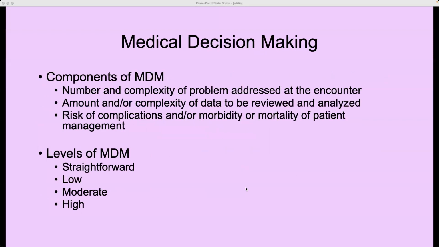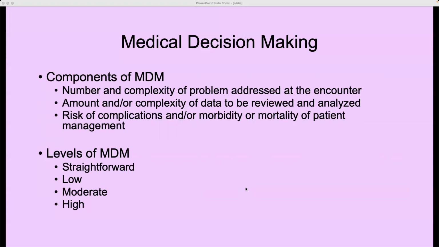So let's look at medical decision-making. Remember that for this specific case, the components of medical decision-making include the number and complexity of problems addressed at the encounter: what's wrong with the patient, and how serious and complex is it.